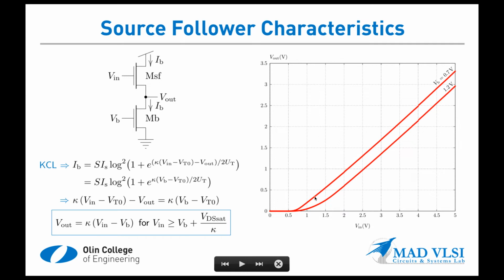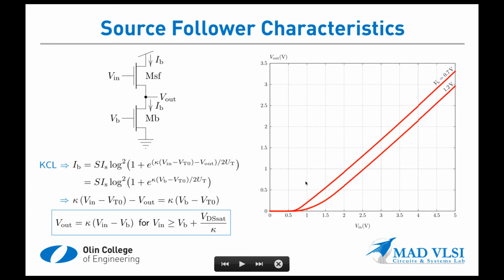So down here, it might be like 0.6, and up here it might be more like 0.7 or 0.8, something like that. The source follower characteristic actually turns out to be a nice way to look at and extract the kappa parameter.